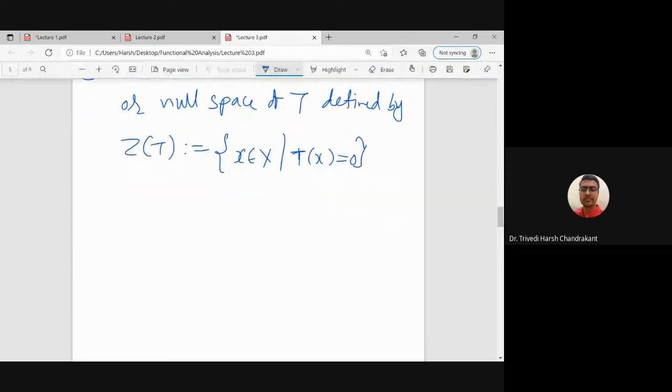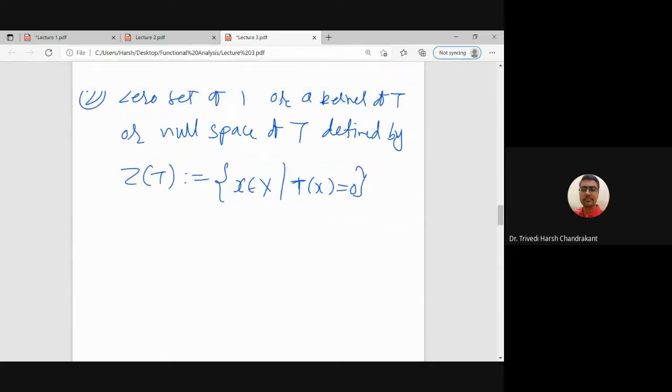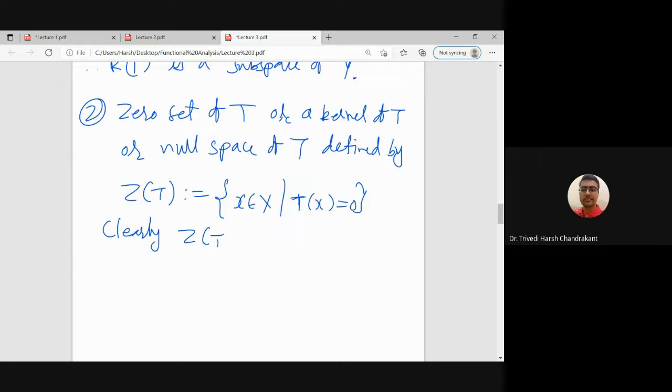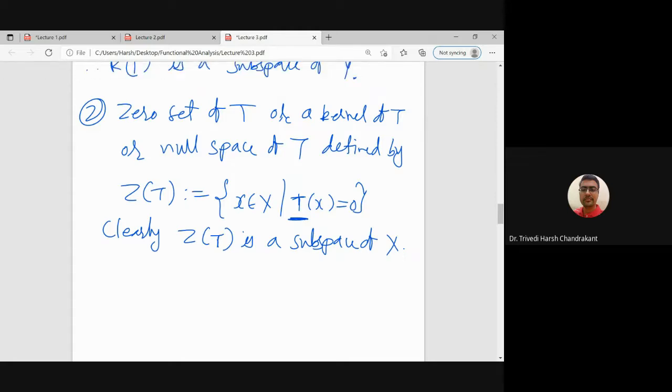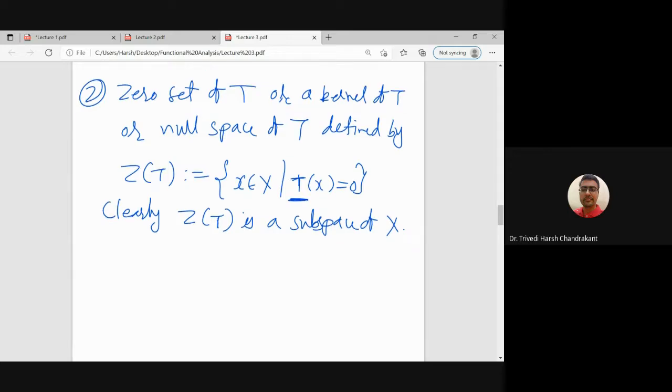Right. So clearly the kernel of T is a subspace of the domain. This is also easy to verify. You take x1 and x2. If T(x1) is 0 and T(x2) is 0, then T(x1 + x2) is 0, provided T is linear. If T is not linear, then this is not a subspace. Right. So we are using the properties of T being a linear map to verify that the zero set is a subspace of X.